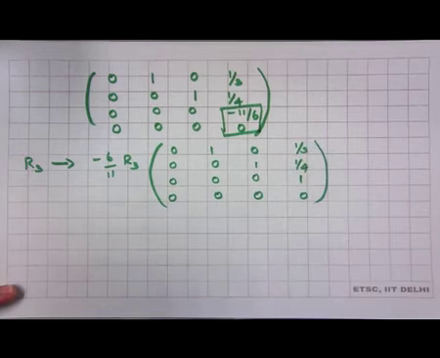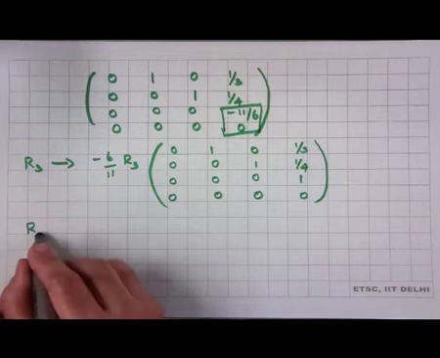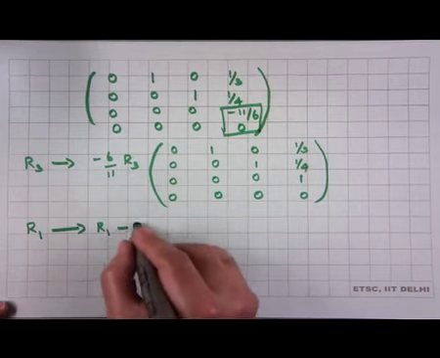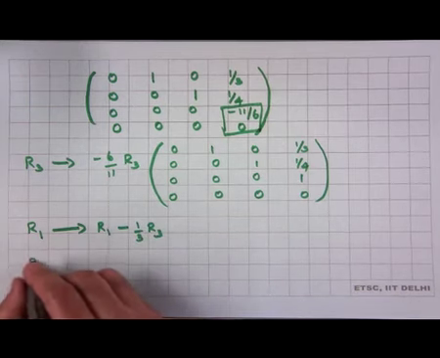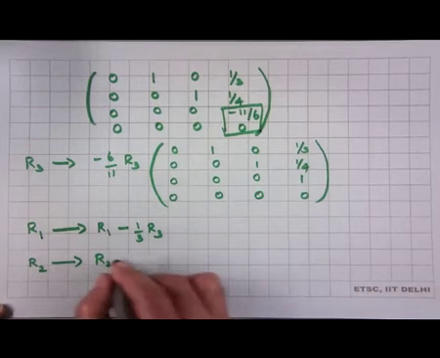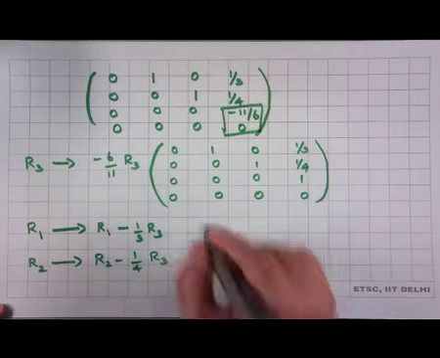And then now I have 1 by 4 and 1 by 3 here, I will have to convert them into zeros. R1 is replaced by R1 minus 1 by 3 times R3, and similarly R2 is replaced by R2 minus 1 by 4 times R3.